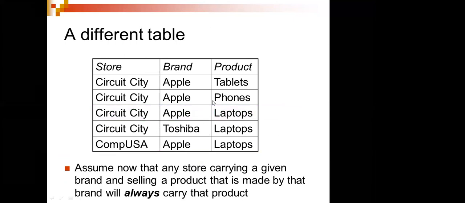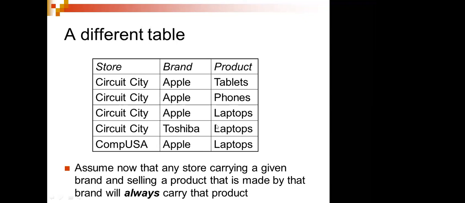So how will I be doing this? Simply I'll try to write in such a way that it should not have that kind of problem. So Circuit City, Apple is there. Here it was tablet, phones, laptops. All laptops are in one place, with different products of that particular brand and the stores.